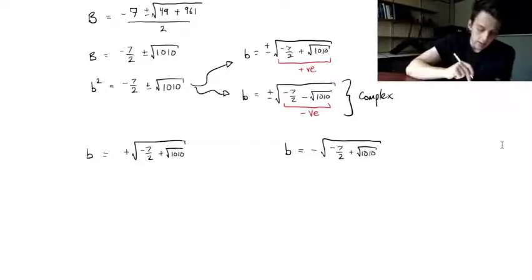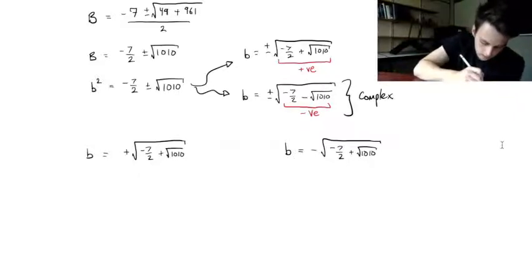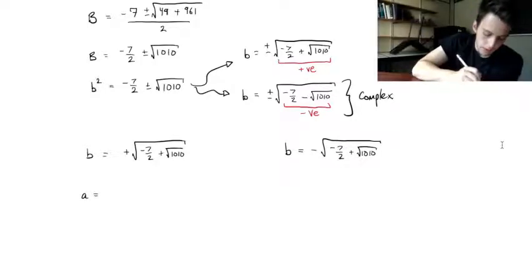And now let's check with our system of equations. We know that a is equal to 31 over 2b. So a would be equal to 31 over 2 times the square root of negative 7 over 2 plus 10,010.